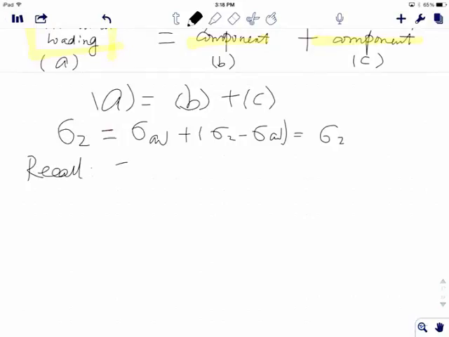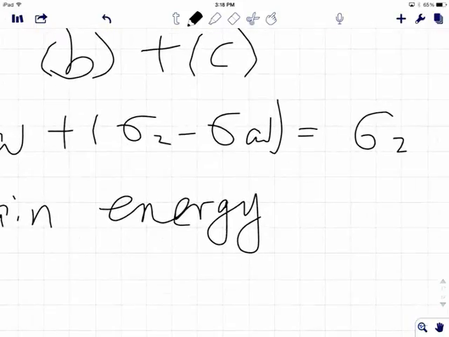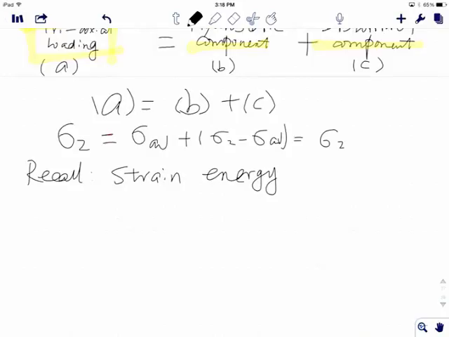Now remember, we discussed the concept of strain energy. The strain energy per unit volume, all right, recall.